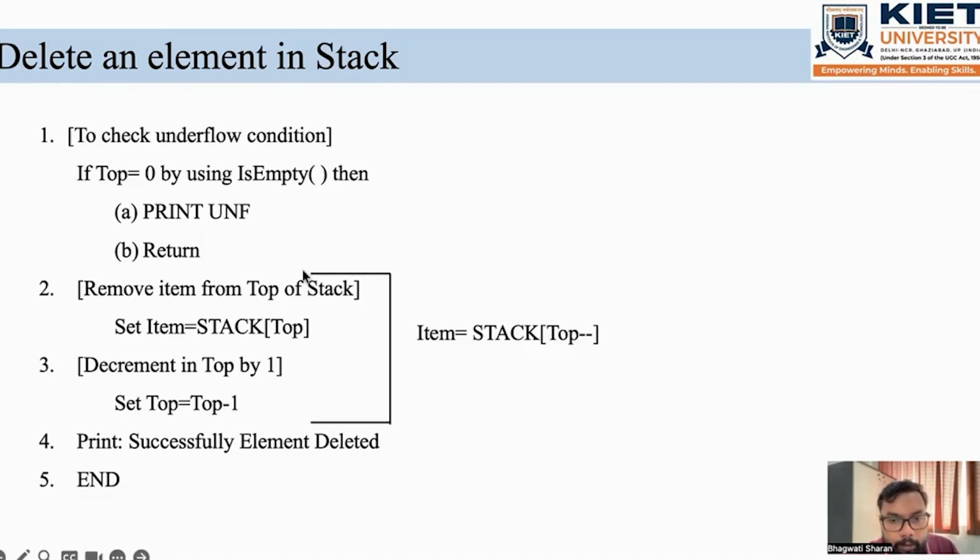Both steps can be combined: item is equal to stack[top--]. Firstly it deletes the element, then it decreases the top. Then if the element is deleted, it prints the successful deletion, and then the program completes.